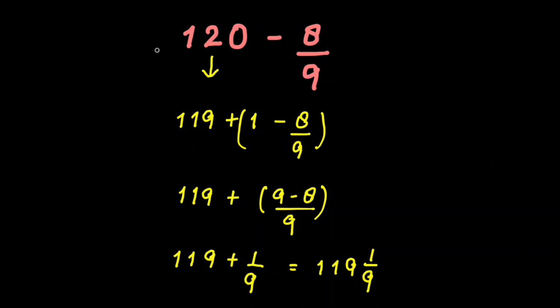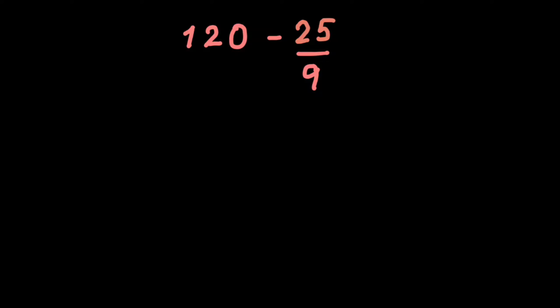If you're wondering how to break this 120, let's say instead of 8 you have 25. In this case, break 120 as the sum of integers 117 plus 3 so that when you subtract 25 by 9, this value gives the least positive fraction.